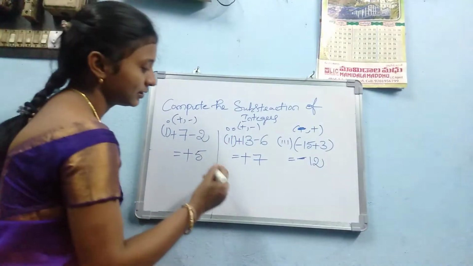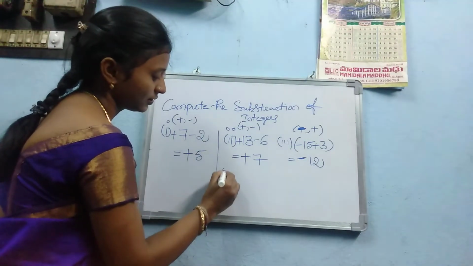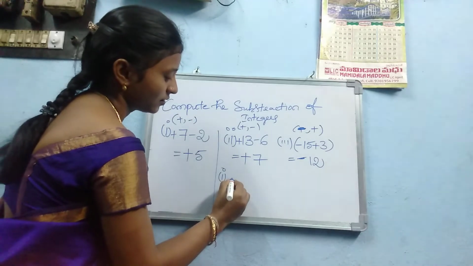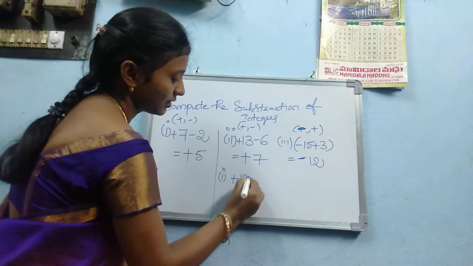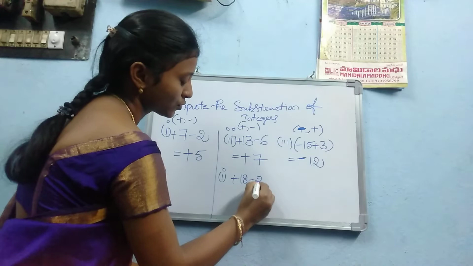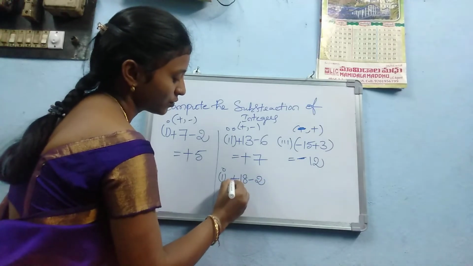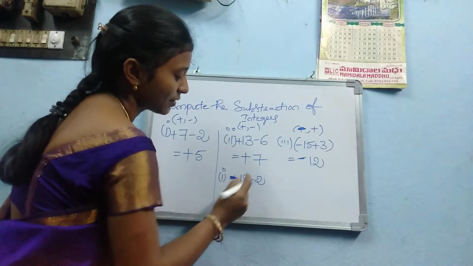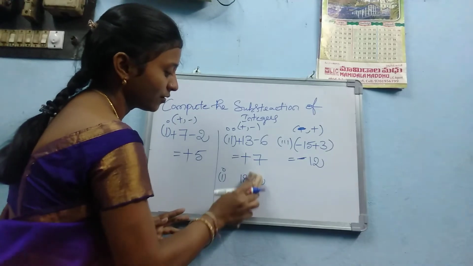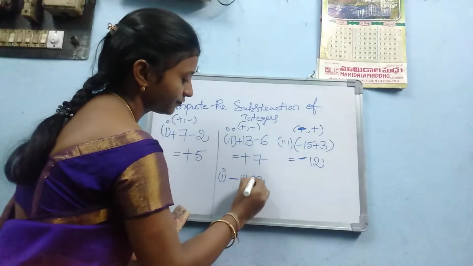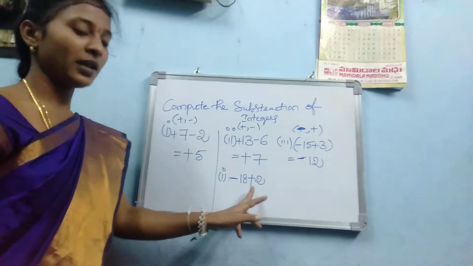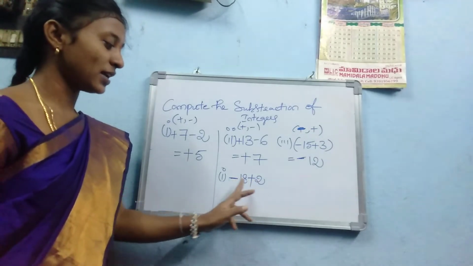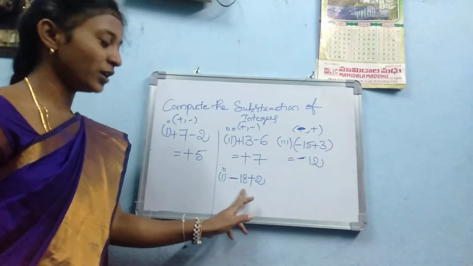And take 18 minus, the biggest number has the negative. Minus 18 plus 2, we minus into plus. So we subtract these two integers.